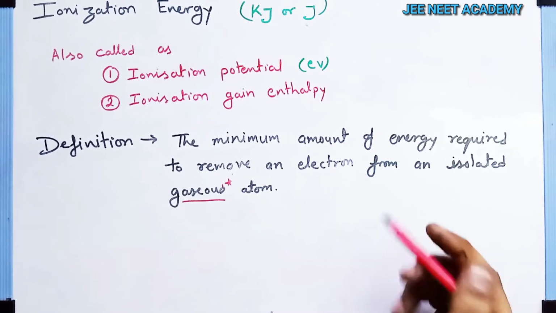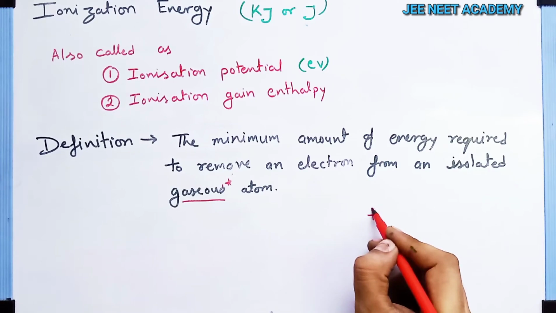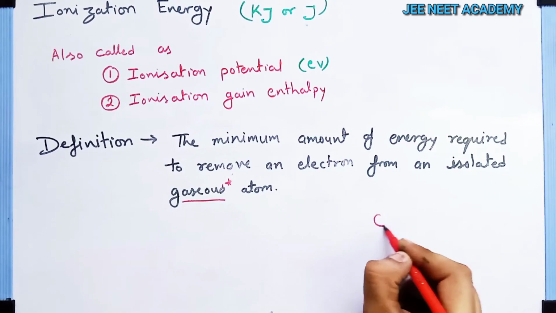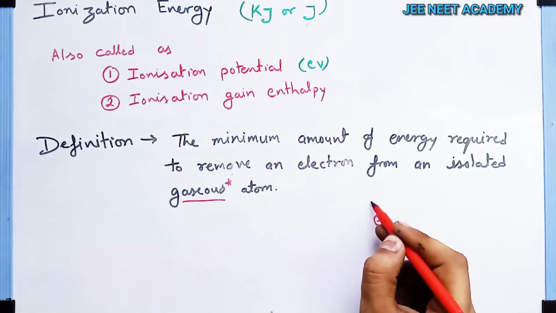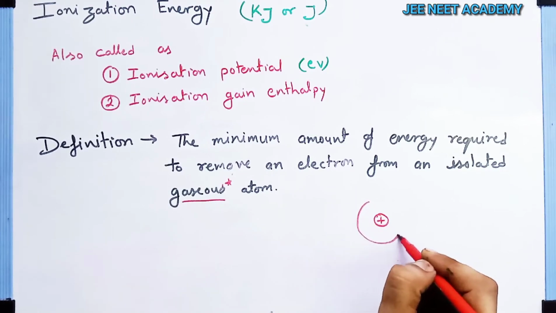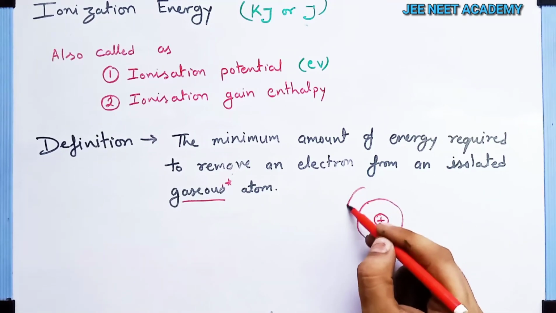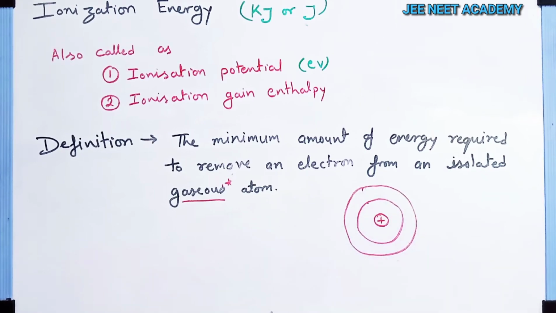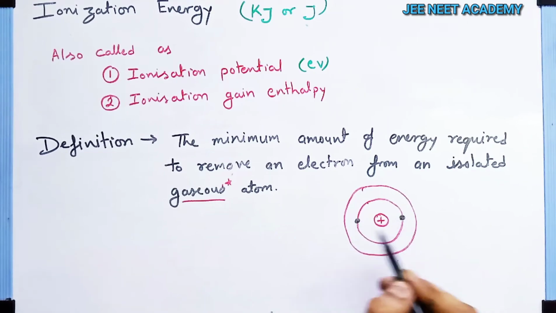For example, suppose this is a nucleus, with protons and neutrons, and these are the orbits of an atom, and these are electrons. In the first orbit 2 electrons, then in the second orbit 8 electrons.